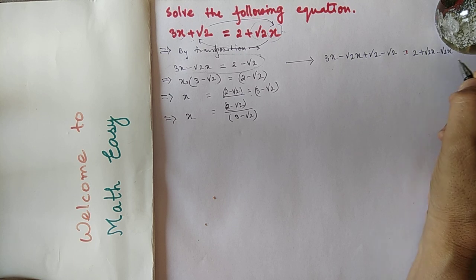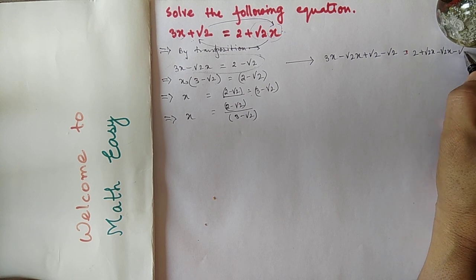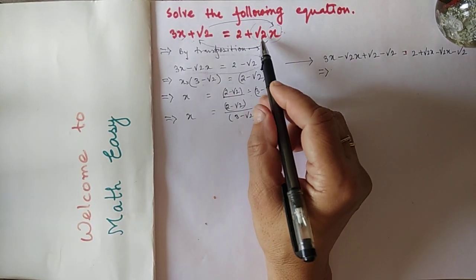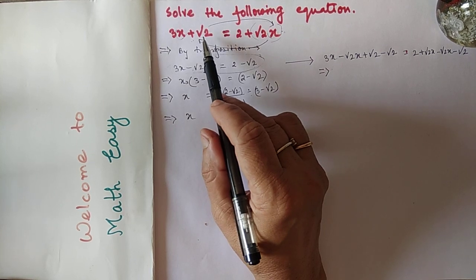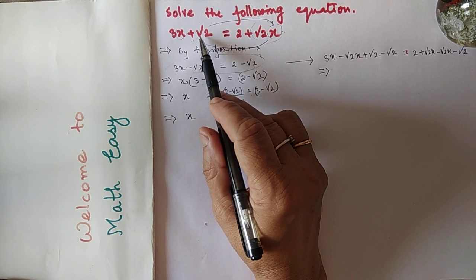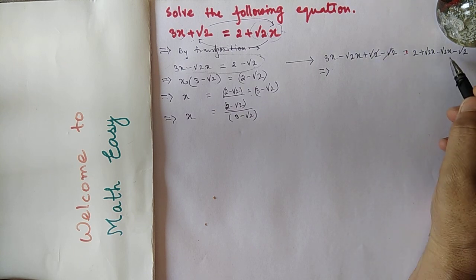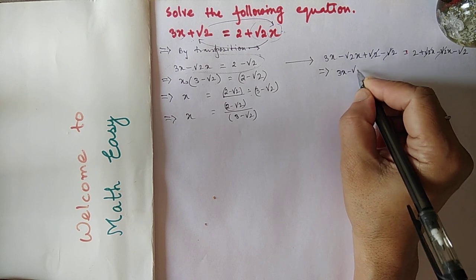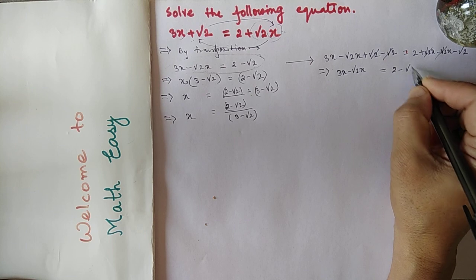Minus root 2x minus root 2. If we think this way, we'll neutralize x on the right hand side and we'll neutralize root 2 on the left hand side. So these two will be cancelled out, and here root 2x will be cancelled out. So we are getting on the left hand side 3x minus root 2x, and here 2 minus root 2.